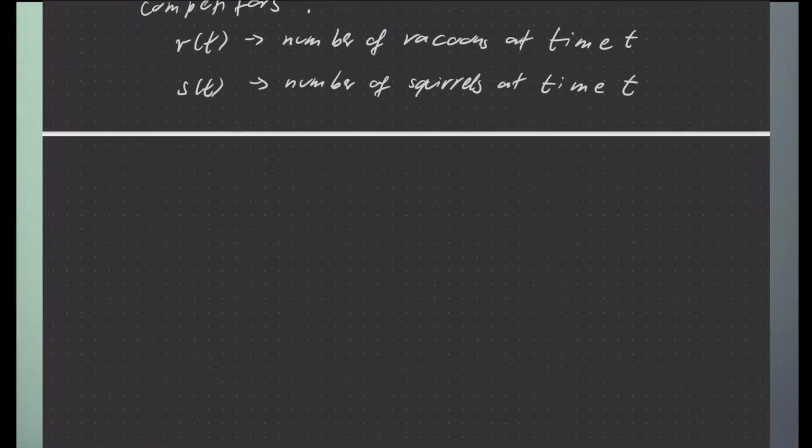And then we have differential equations that govern the growth rates. So let's assume for the growth rates of raccoons and squirrels, we have the following differential equations. R prime of t, so that's the growth of the raccoon population at time t, is 5 over 2 times the current population size, R of t, minus the size of the squirrel population, S of t.